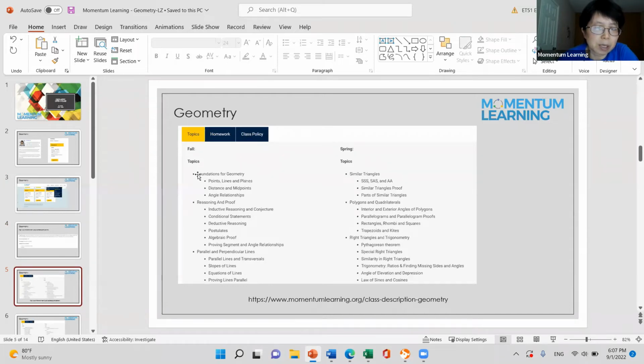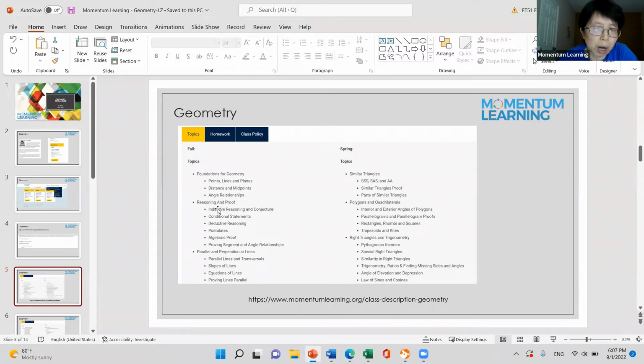For topics, that's the full semester we're going to cover. We're going to cover the foundations for geometry. We'll start with points, lines, and planes, and we'll teach how to calculate distance, midpoints, and angles. And then we're going to talk about reasoning and proofs.